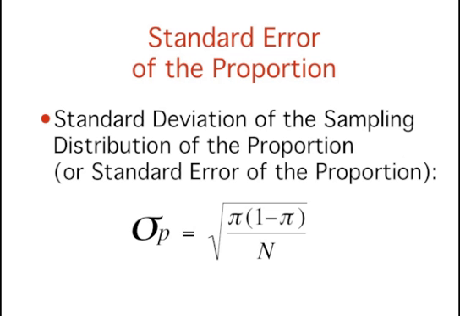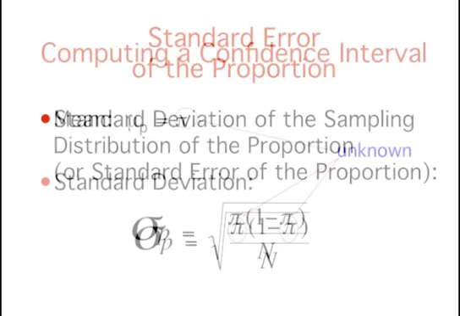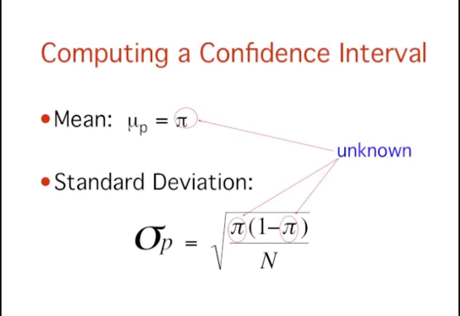The standard deviation of the sampling distribution of a proportion, also called the standard error of a proportion, is calculated by multiplying pi by 1 minus pi, dividing by the sample size, n, and then taking the square root. Since we do not know the population parameter pi, we use the sample proportion, or p, as an estimate.